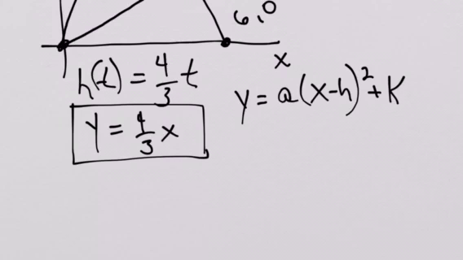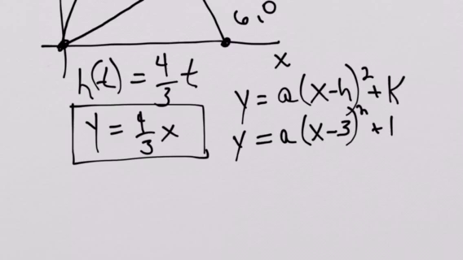The first one we know is our vertex, and it is located at the point x is 3, y is 12. Let's go ahead and plug that in here. So we have y equals a x minus 3 quantity squared plus 12.